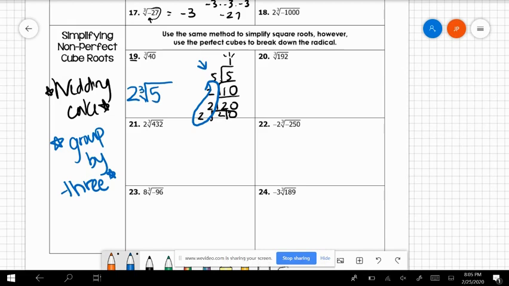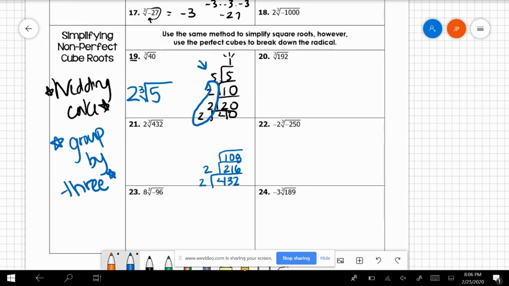Let's look at another one. So if I'm looking at, let's do number 2. 432 I can divide by 2. It will give me, what's that, 216. Divide by 2, that'll give me 108.